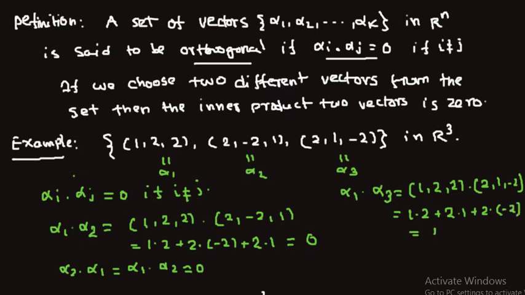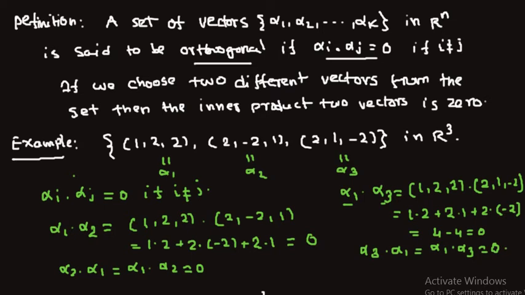You can again see that this is 4 minus 4 and gives 0. So alpha 1 and alpha 3 are also orthogonal to each other. Because the inner product is commutative, alpha 3 dot alpha 1 is the same as alpha 1 dot alpha 3, and this gives us 0.